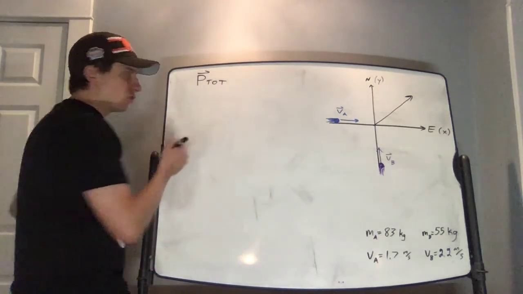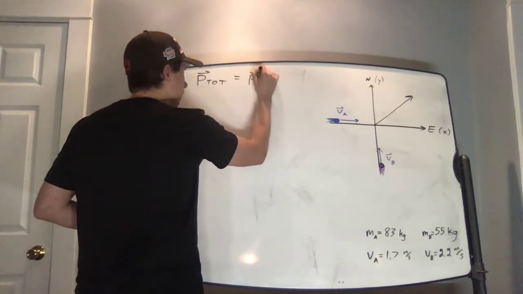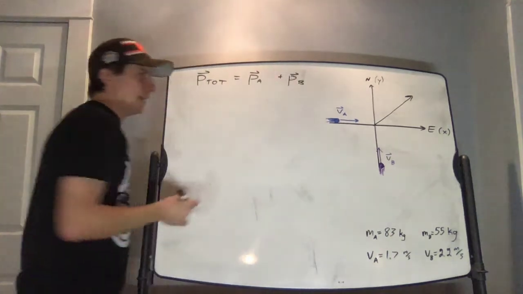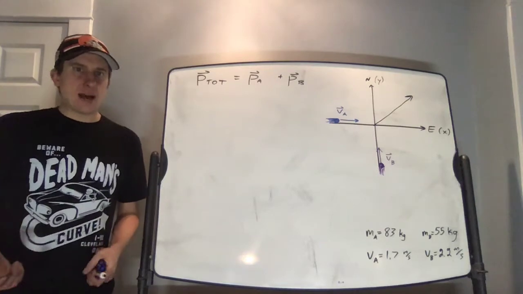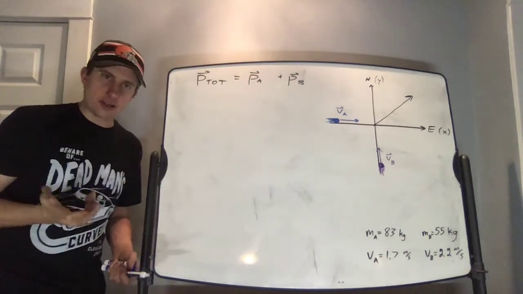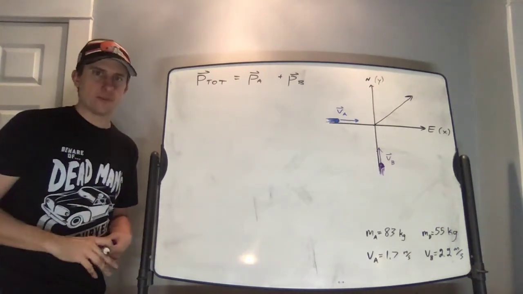So to write the total momentum, I would write total momentum is the momentum of Alfred plus the momentum of Barbara. Now, at this point, I did not yet specify, am I talking about their initial momentum? Am I talking about their final momentum, before the collision or after the collision?